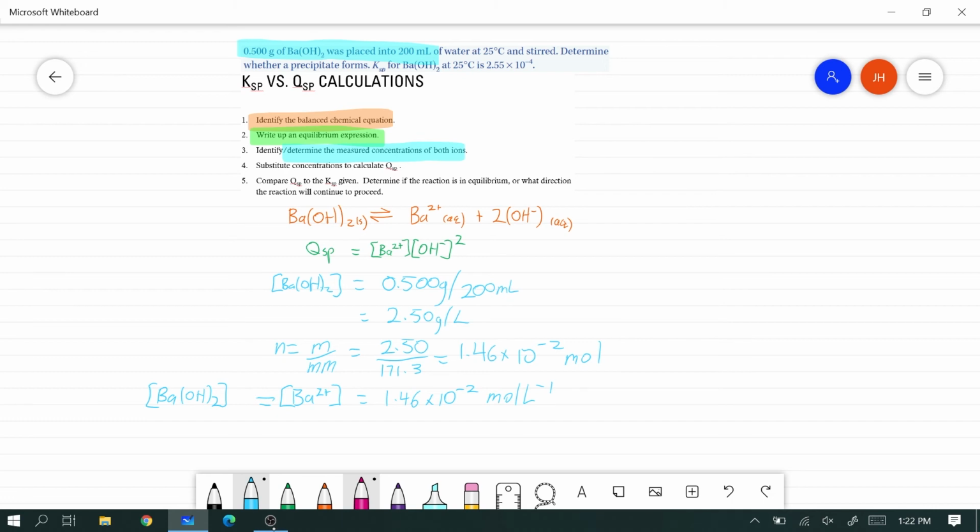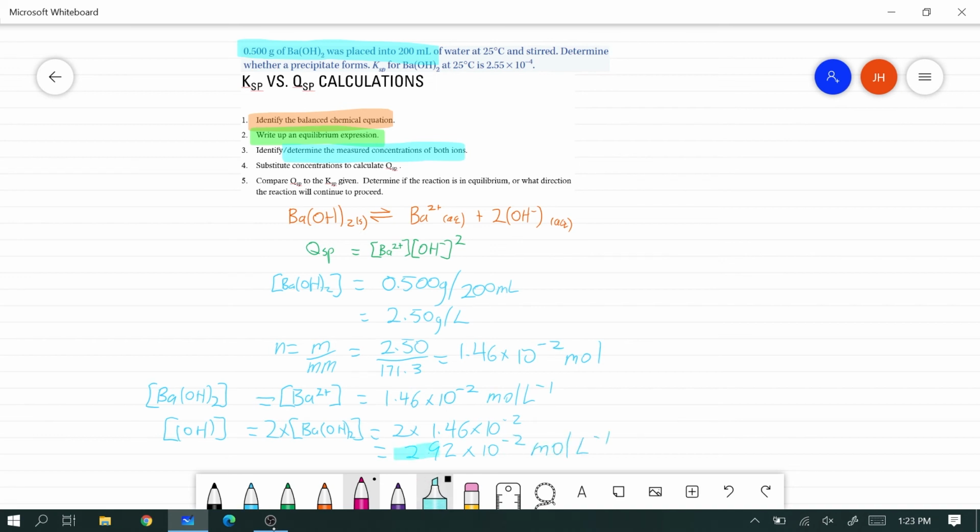And that also means that the concentration of the hydroxide ion is equal to 2 times the concentration of the barium hydroxide, due to the ratios in our empirical formula. That is 2 times 1.46 times 10 to the negative 2 moles per liter, which is 2.92 times 10 to the negative 2 moles per liter.